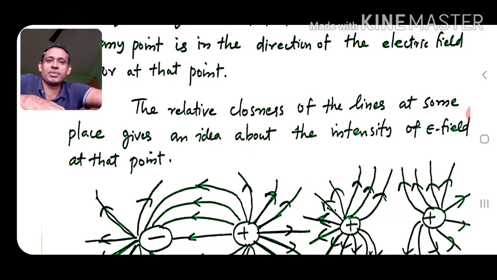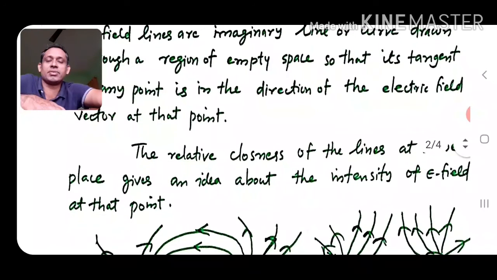So when we draw the electric field lines around a charge, these are all imaginary lines. We have to draw them in such a way that the tangent gives the direction of the electric field at any point. Similarly, the relative closeness of the lines, how close they are or how far apart, gives you an idea about the intensity of the electric field.